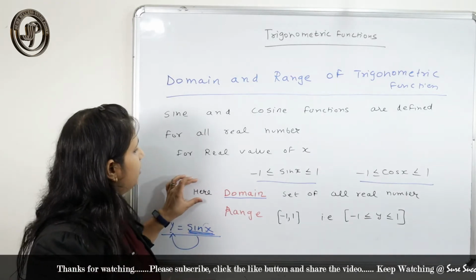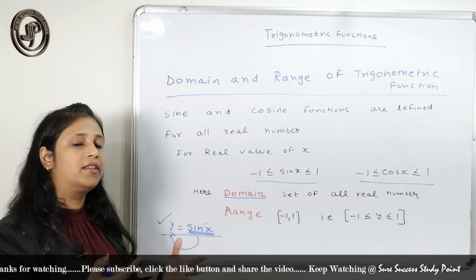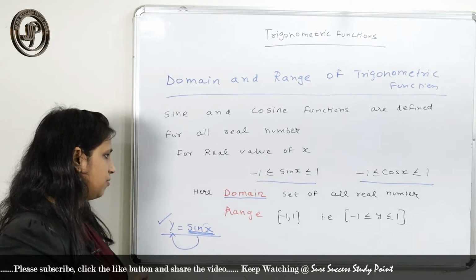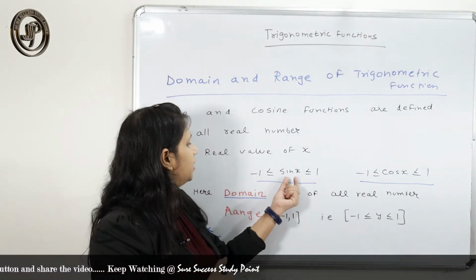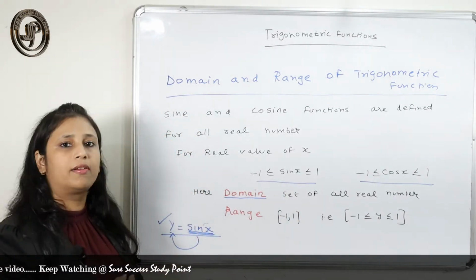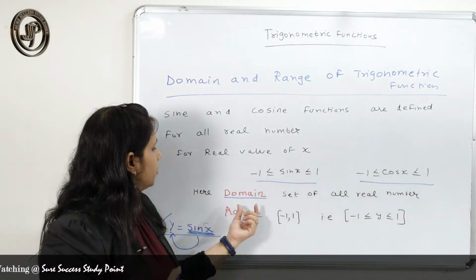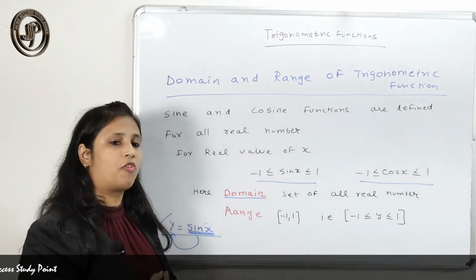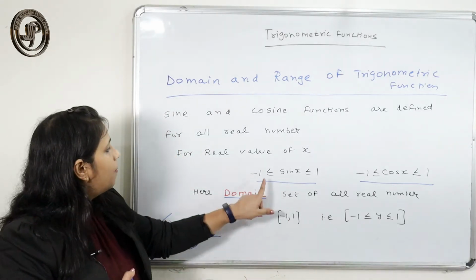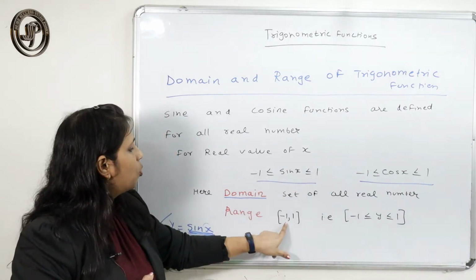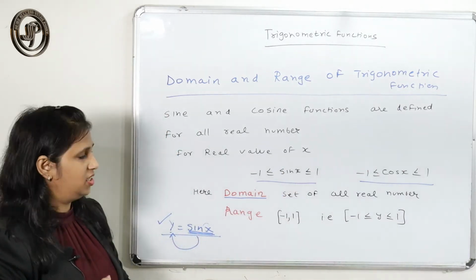You just have to memorize where sin x or cos x is defined. If sin x is defined for all real numbers, then the domain is the set of all real numbers, and the range will be -1 to 1, where both -1 and 1 are included.